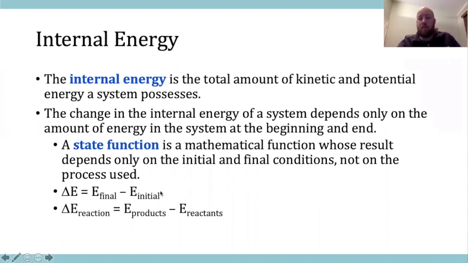So every time we see the delta value, it is representing the final minus the initial. Okay, and because this is a value based on the final and initial only, it is called a state function. Okay, so it does not matter the process that it goes through. It does not matter how many steps it takes. It is only looking at the final and initial values of the system.